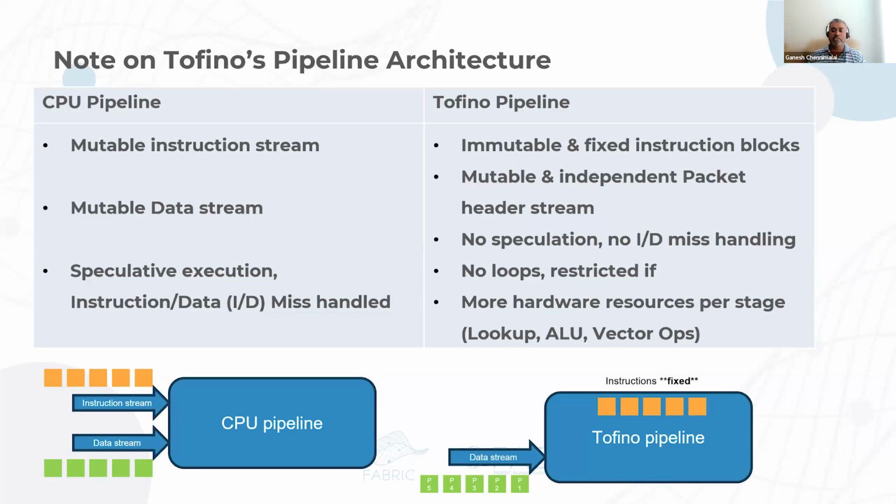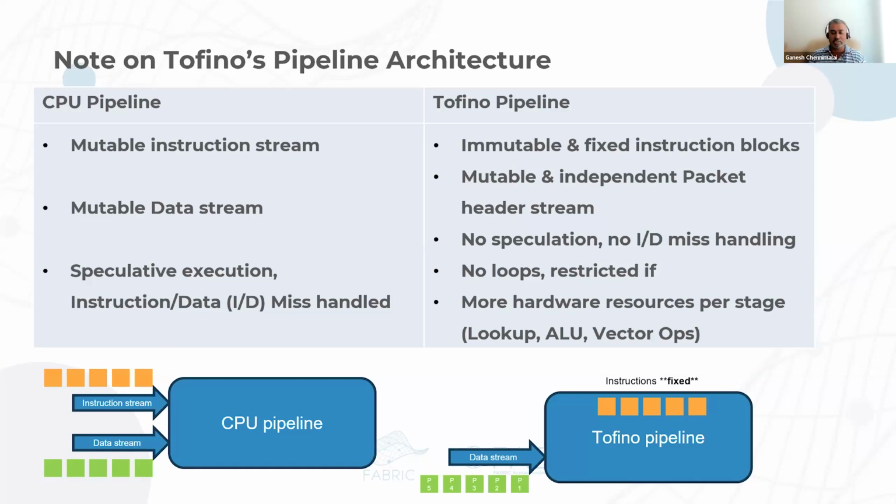Within each stage, there is a rich amount of resources, ALU resources or lookup resources, and it can do a lot of vector processing, up to like 200 bytes in one shot. So you can take 200 bytes of data or header and do some crazy bitwise operation on it.